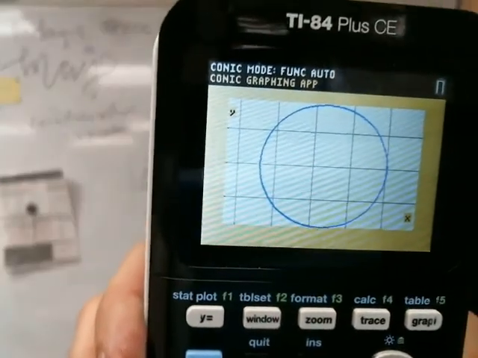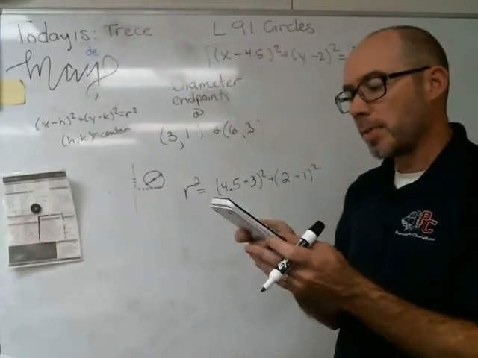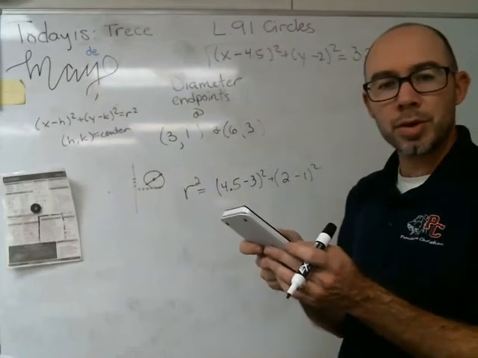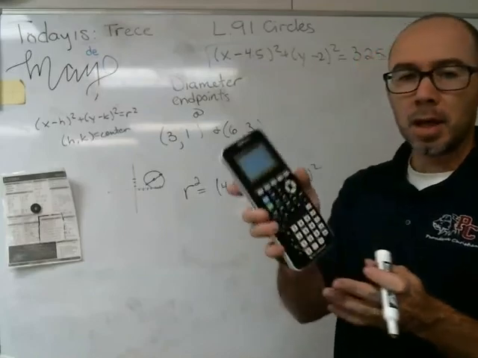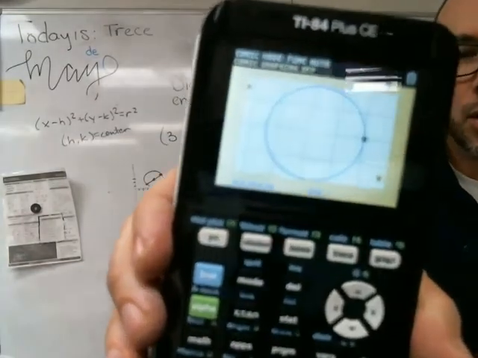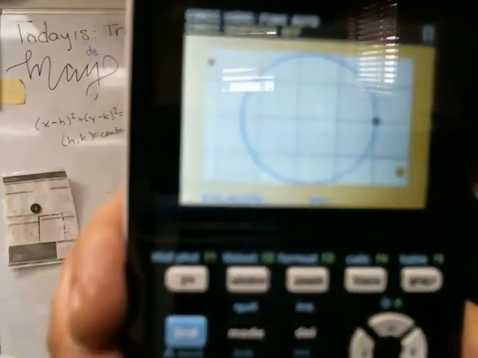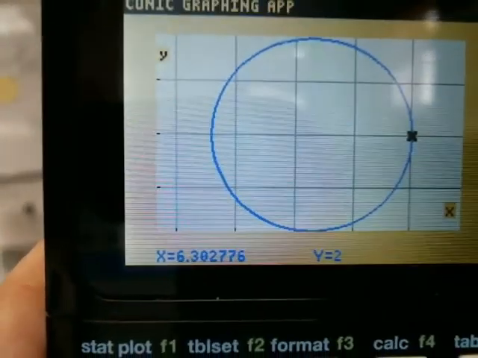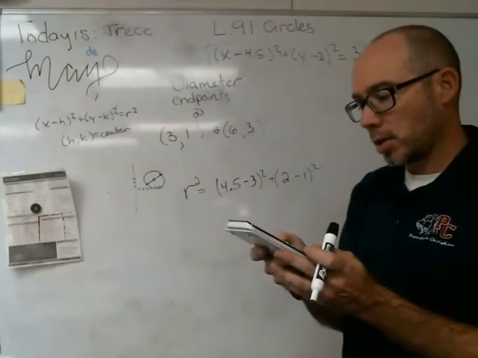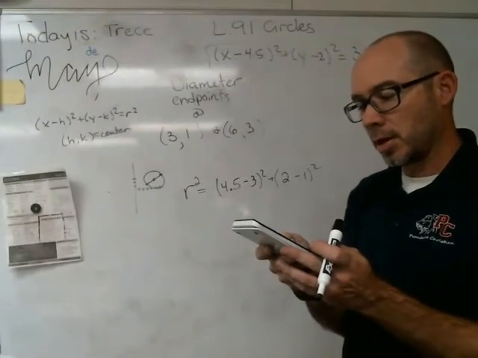And there it is. The only problem is I can't really change the window or zoom it to see where it was on there, but I can hit trace and I can see where some of those points happen to be. So you can scroll around the circle and find out in general where it is.